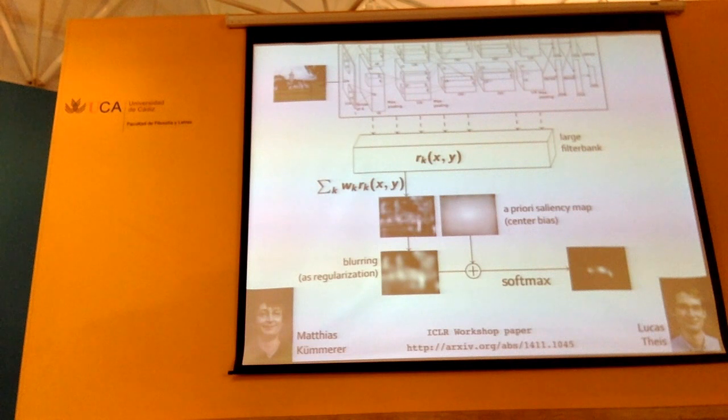So you bring all of them to the original pixel size. And then you only try to learn weighting coefficients as a linear superposition of these feature maps. We try to predict the saliency maps, the densities where people look, including the center bias as an additional prior knowledge and using a softmax nonlinearity.